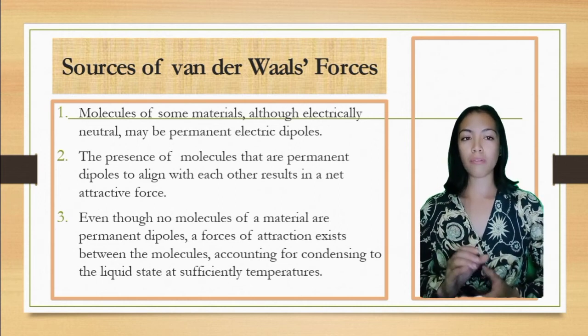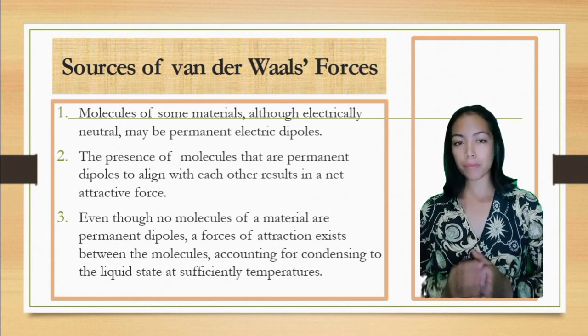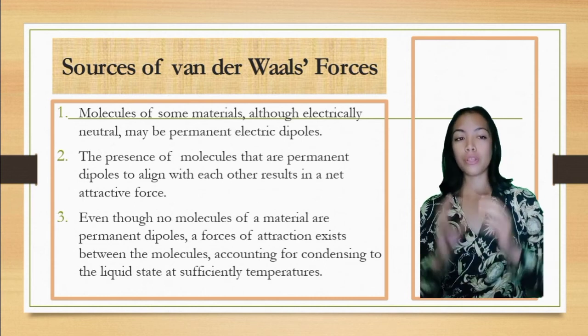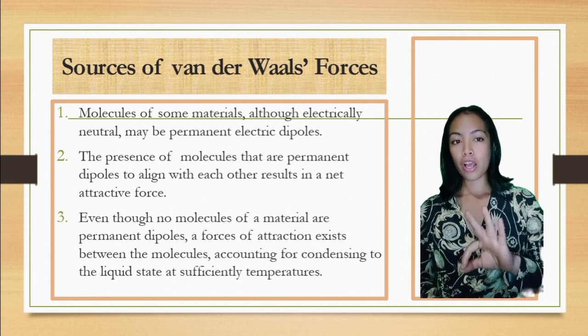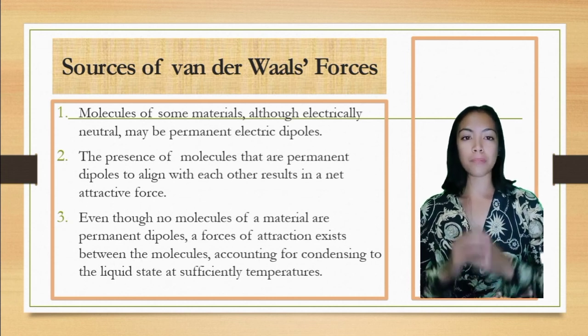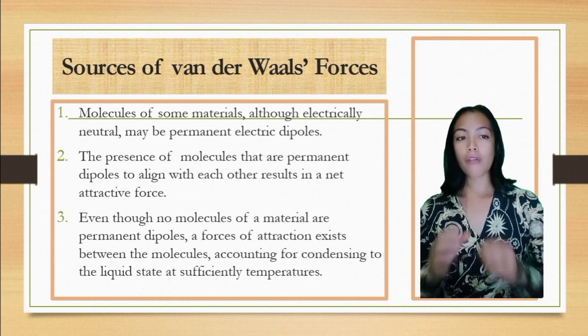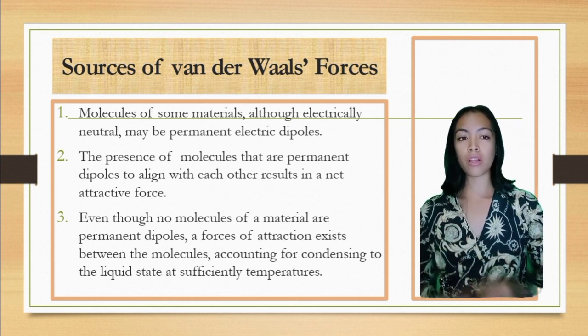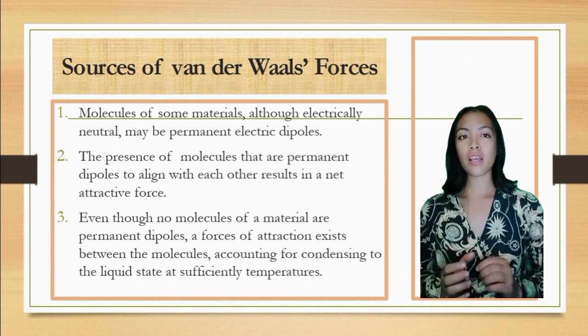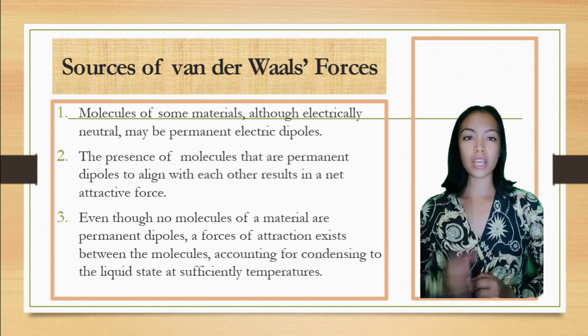An additional attractive force results from the interaction of a permanent dipole with a neighboring induced dipole. Third, although no molecules of a material are permanent dipoles, a force of attraction exists between the molecules, accounting for condensing to the liquid state at sufficiently low temperature.